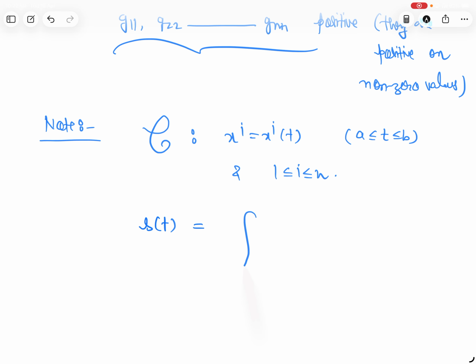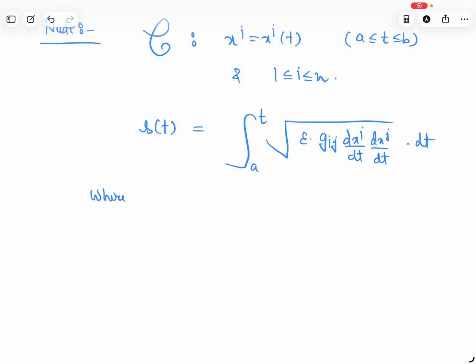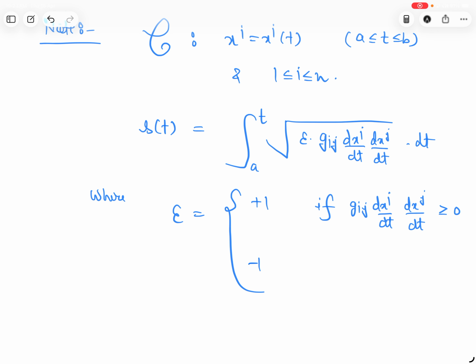The arc length formula is given from a to t as the integral of the square root of epsilon gij dxi/dt dxj/dt dt, where epsilon is plus 1 if gij dxi/dt dxj/dt is positive, and minus 1 if gij dxi/dt dxj/dt is less than 0. Okay.